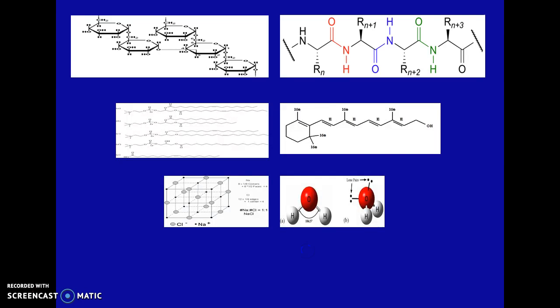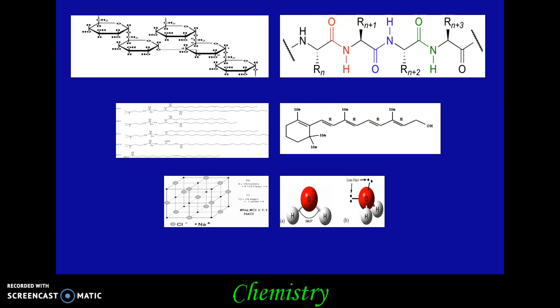Now let's start with this figure. These are well-known figures that we have studied since class 9-10 physical science. The first one is for carbohydrates, the second for proteins, the third for fats, the fourth for vitamins, the fifth for minerals and salts, and the sixth is water.